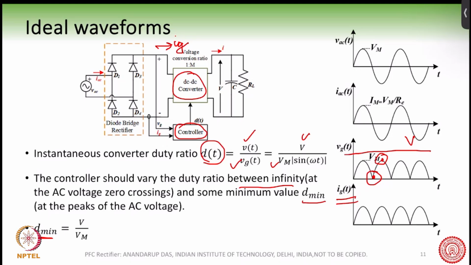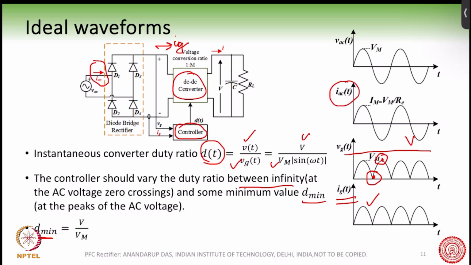It will be very close to this rectified sine wave. I will show you the waveforms later, but ideally this IGT should be like this in the waveform. If we can ensure that this is happening, then of course this waveform IAC will become like this.